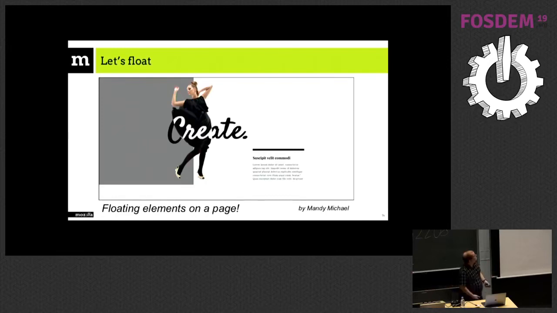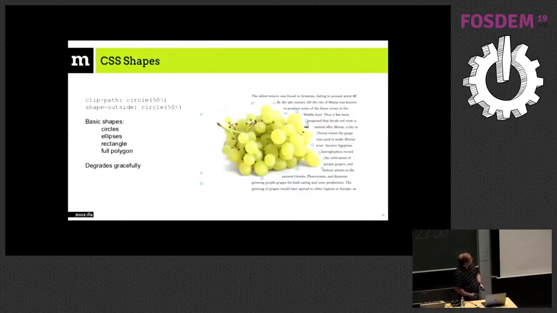Like this. This is an example where using floats in a modern layout is absolutely gorgeous, very nice. You float the elements, and you can, in fact, exactly the same, define how you float an element inside DevTools. So here, with clip-path and shape-outside, we can define shapes that can be circles, ellipses, rectangles, or here in the example, a polygon. And you see in your debugger that you have the different points of the polygon, and you can move them around and define where the text will appear.